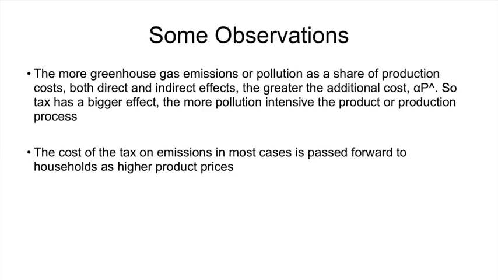So here we have the interesting story that if we put a tax on the burning of fossil fuels by electricity generators, they write the cheque to the government. But in fact, they then put up their prices. And so when you and I buy electricity, we're paying more for the electricity. Indirectly, we are paying for the pollution. And so this is a very important point in the economics of this debate.